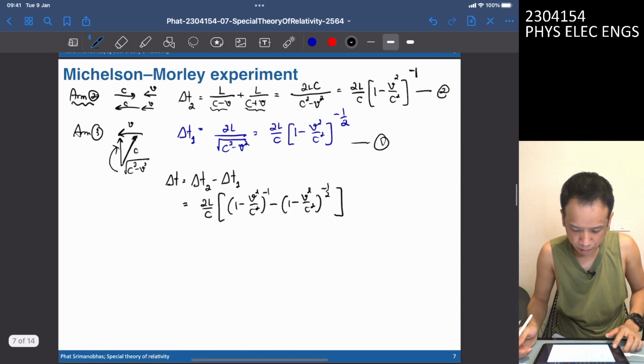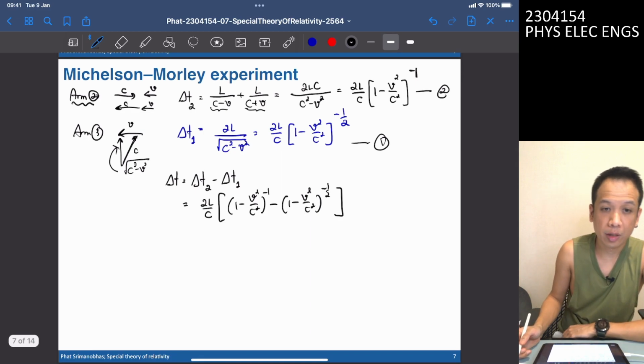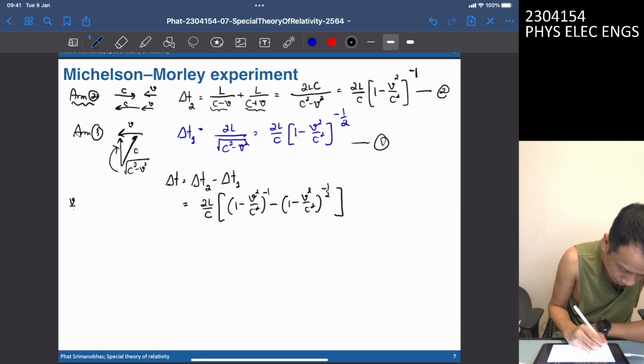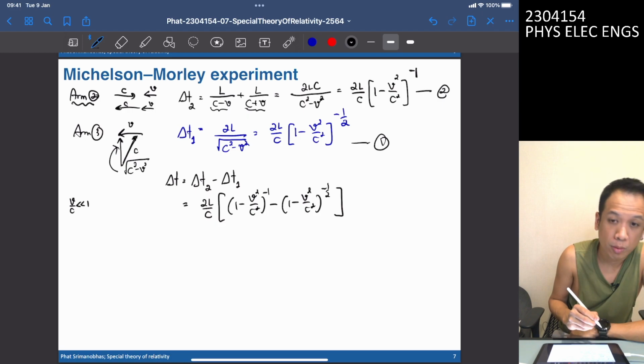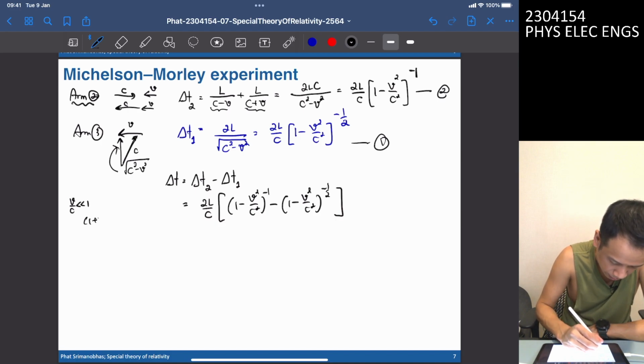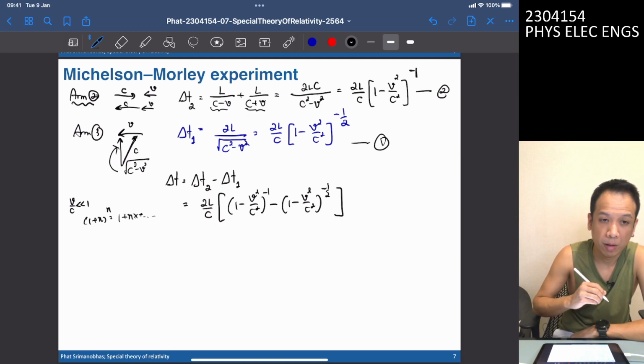Then if we consider that v over c is much smaller than 1, we can use the binomial expansion. 1 plus x to the power n becomes 1 plus nx and so on.